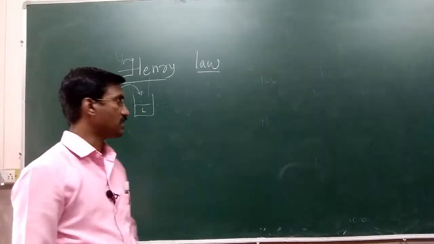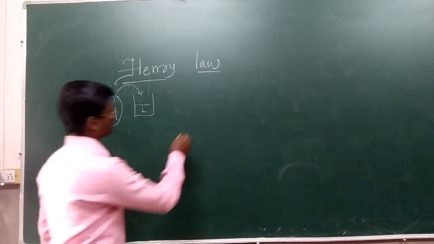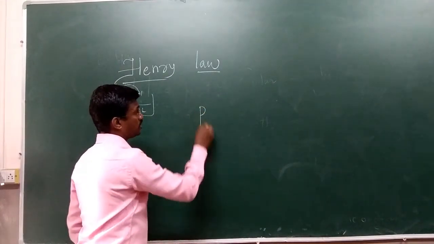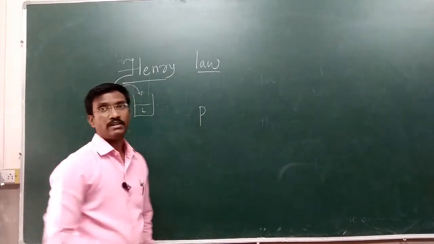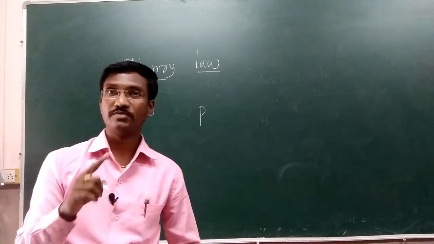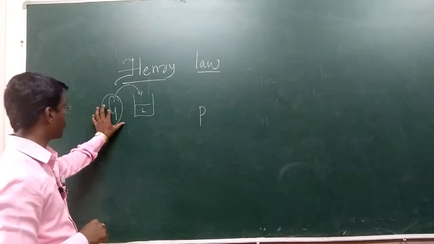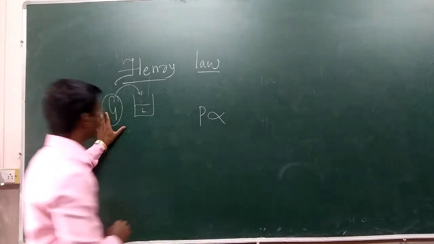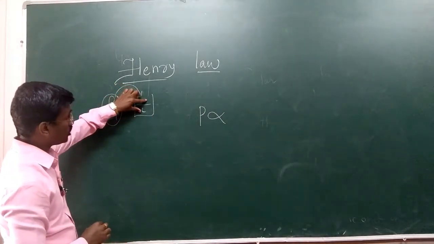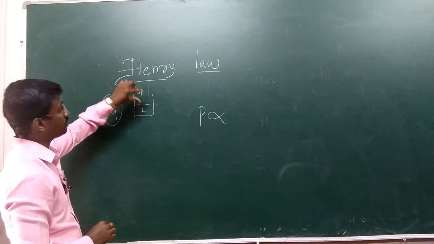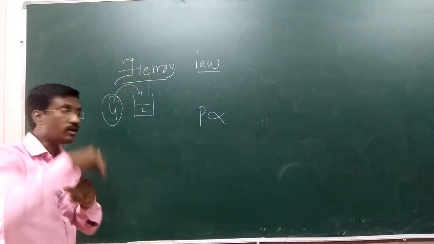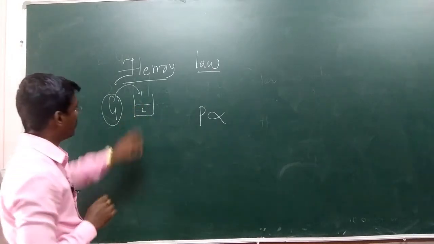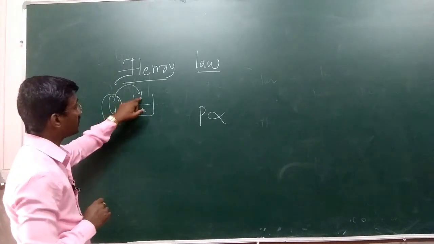Based on this concept, he explains that according to Henry's law, the partial pressure of the gas, meaning how much pressure we are applying on the gas, is directly proportional to the mole fraction of the gaseous compound which is dissolved in a solvent to form a solution.